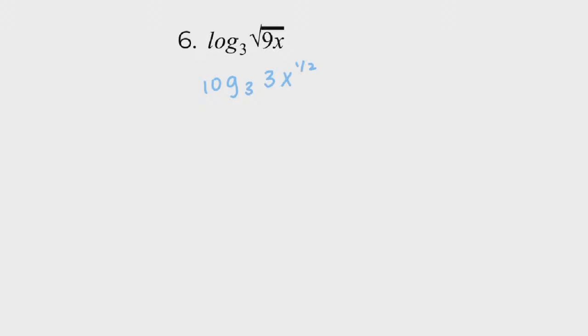Now to expand this, this would be log base 3 of 3 plus log base 3 of x to the 1/2. Since we have log base 3 of 3, they have the same base, so this would simplify to 1. And we can bring the power of 1/2 down. So this would be 1/2 log base 3 of x.